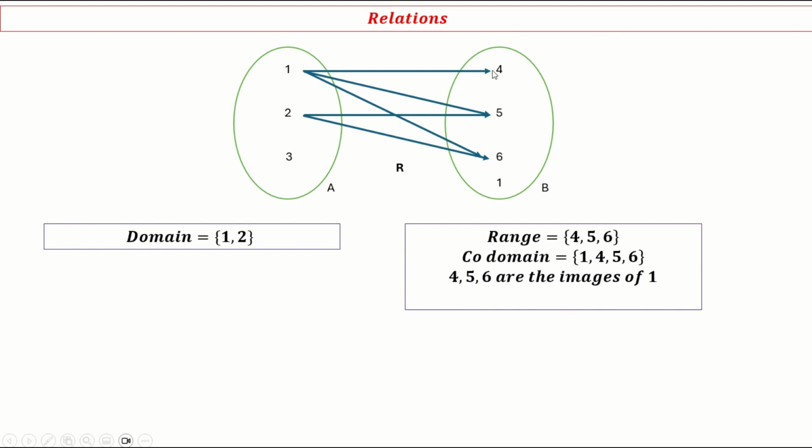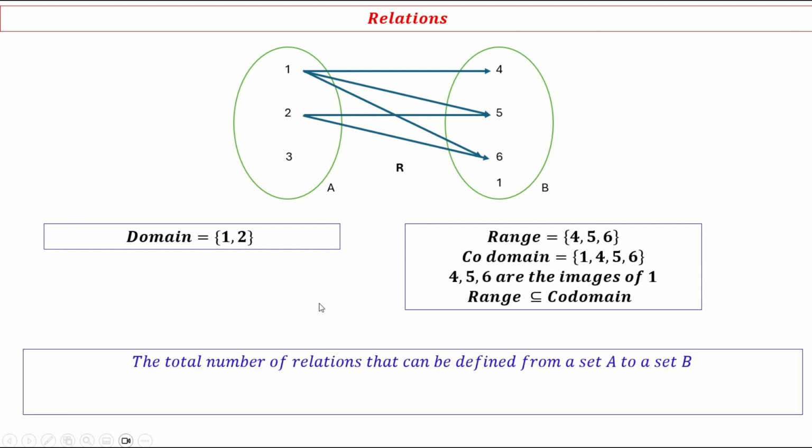If 1 is the element in the first set, then 4, 5, 6 are images of 1. Similarly, 5 and 6 are images of 2. Very clearly we can say range is always a subset of or equal to codomain. These are the important things to remember for relations.